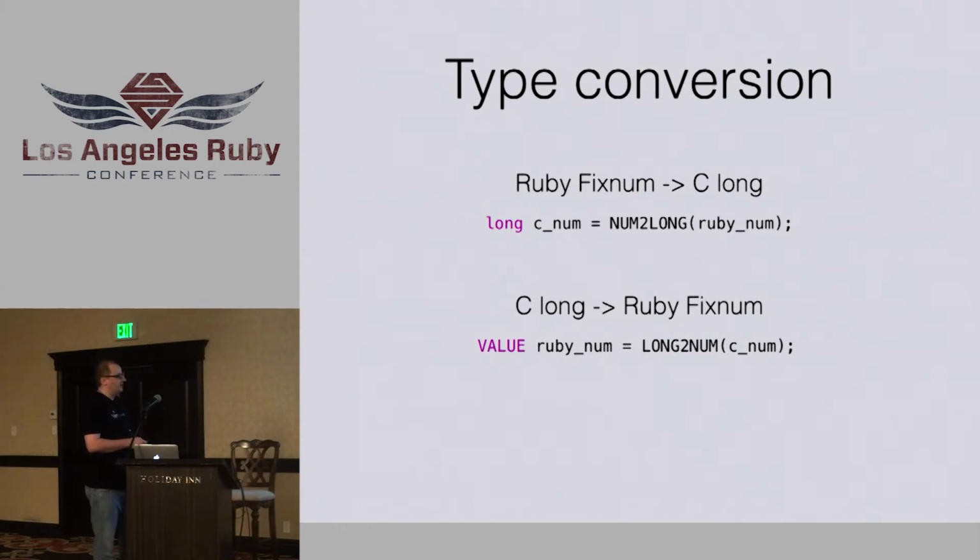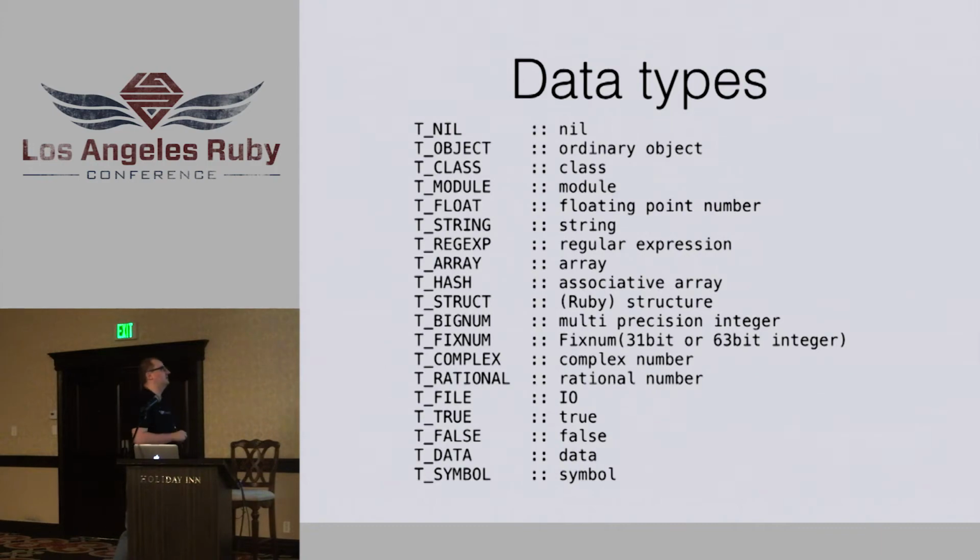And if you want to go back, for example, because you are returning something from your C function, well, you can convert it back from the C long type to a Ruby Fixnum. And you can use this LONG2NUM conversion macro. These are all the types that are defined in CRuby. So you can see here that pretty much they're all familiar, right? What's interesting is that true and false are actually defined as separate types.